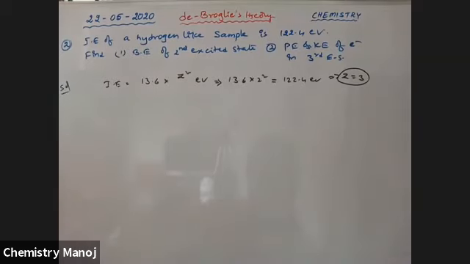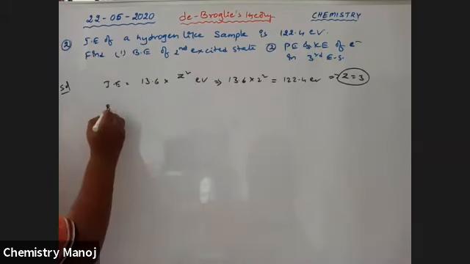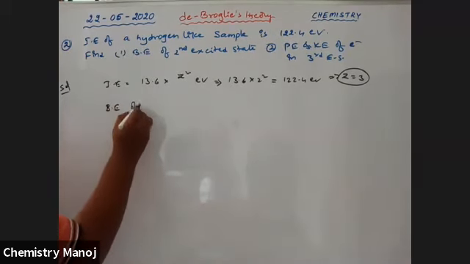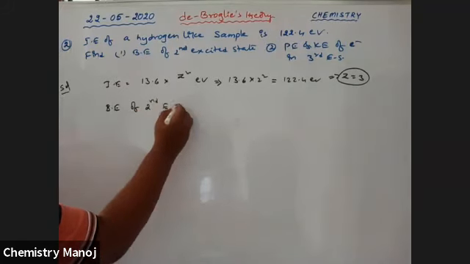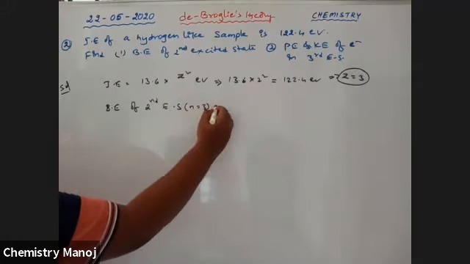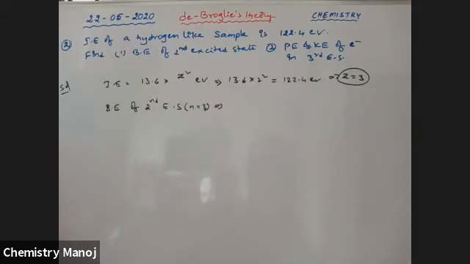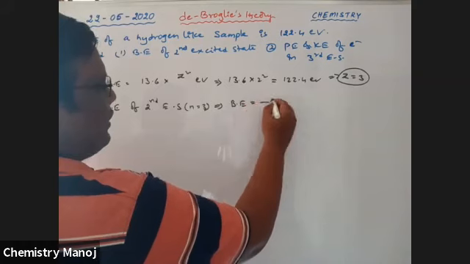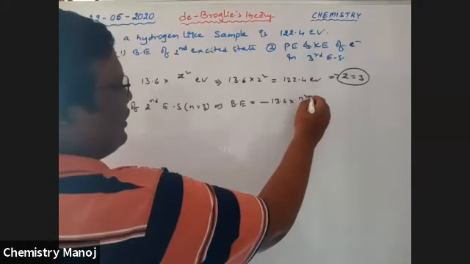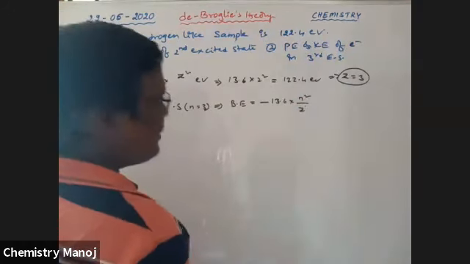Now, the binding energy of the second excited state. Second excited state is n equal to 3. Binding energy is calculated as BE equal to minus 13.6 into Z square by n square.